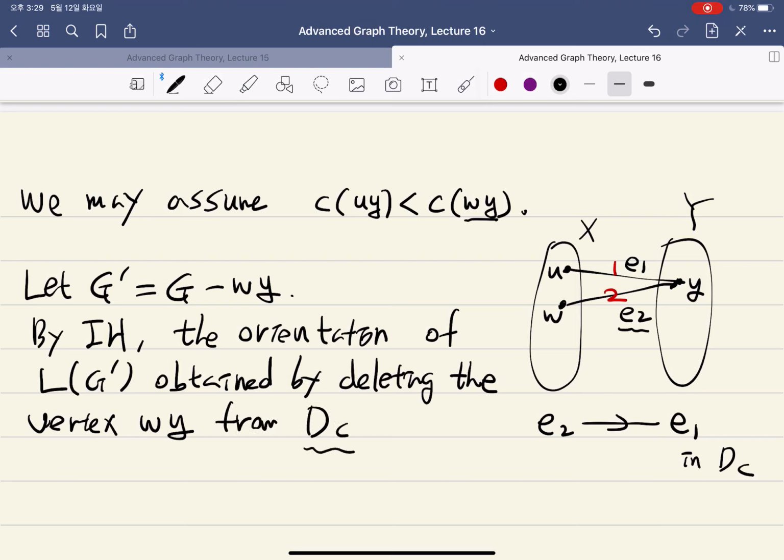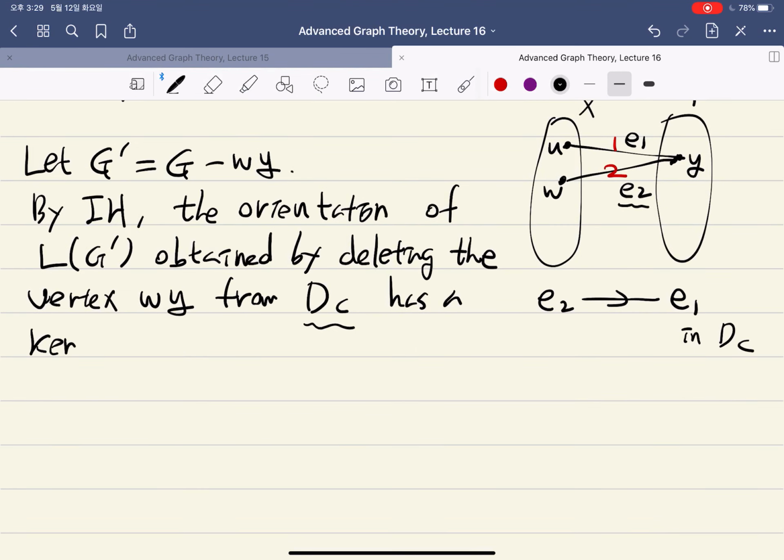Recall that this DC is an orientation of the line graph of G. So WY is a vertex there.